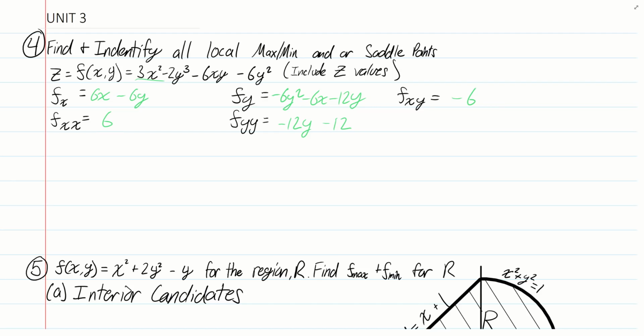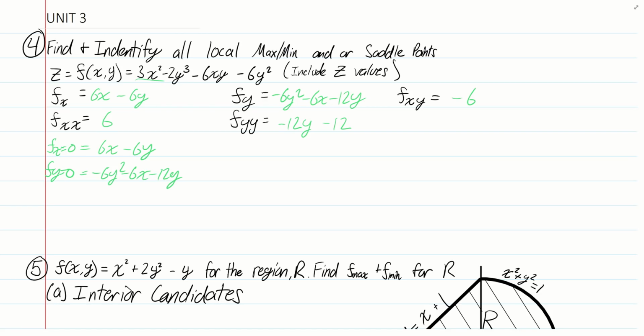So now we need to find and identify all local max and min. In order to do that, we set fx equal to 0 and fy equal to 0. So we're saying 6x minus 6y must equal 0, and negative 6y squared minus 6x minus 12y must equal 0.